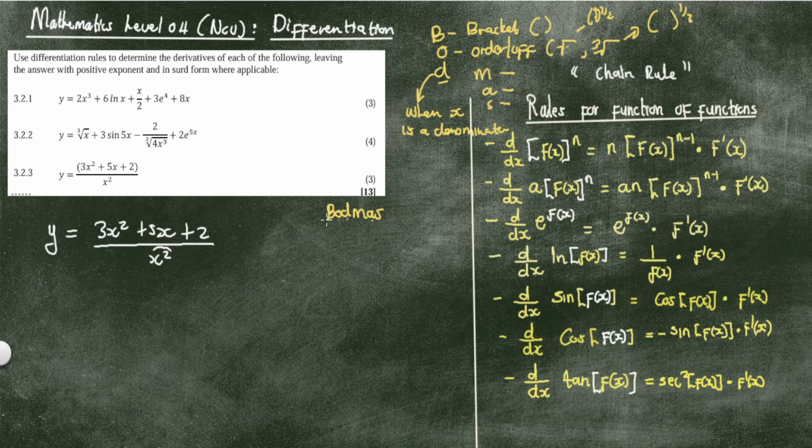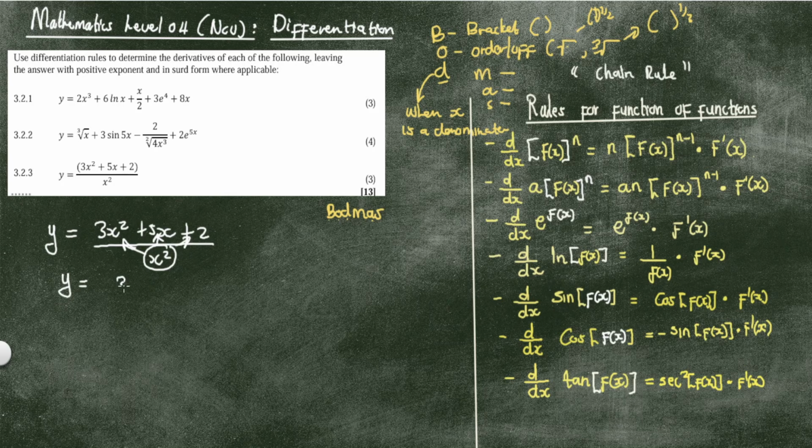I don't have a bracket, so I don't have the order, but I do have a division problem. Why? X is a denominator. So we take this x squared and divide each and every term on the numerator. Now you have 3 terms on the numerator divided by 1 term, so we divide each and every one on the numerator.